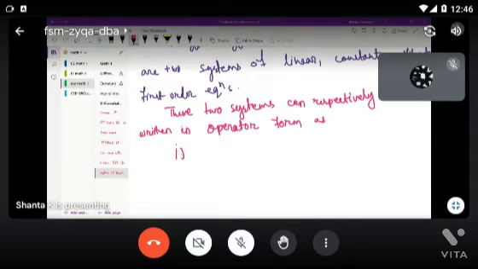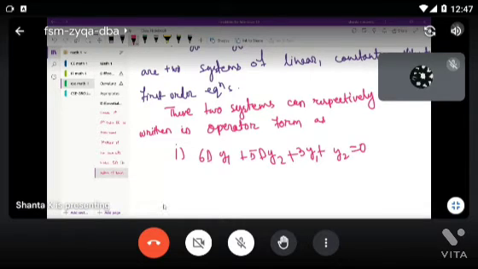So here, the first one, 6D plus 3. If you substitute here, 6D y1 plus 5D y2 plus 3y1 plus y2 equals 0.